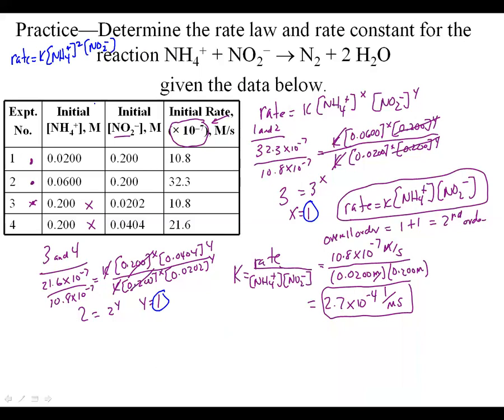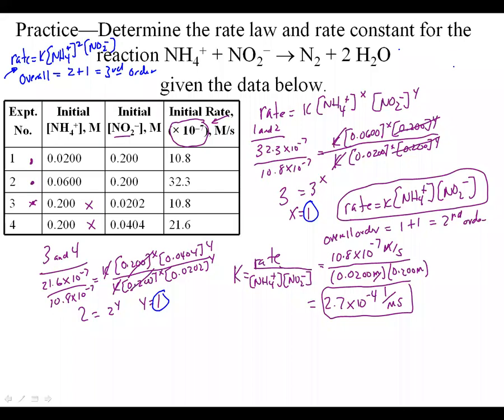And more importantly, where it really will affect the calculation is now when we solve for K, if this was our rate law here, which obviously it was not for this particular example, if we solve for K, it equals the rate divided by NH4 plus squared times NO2 minus.